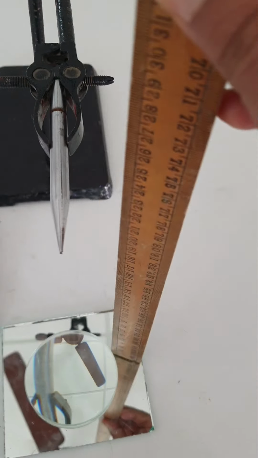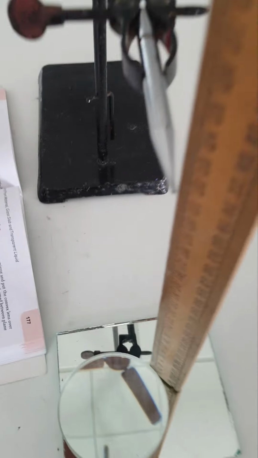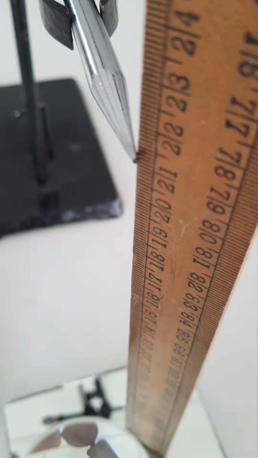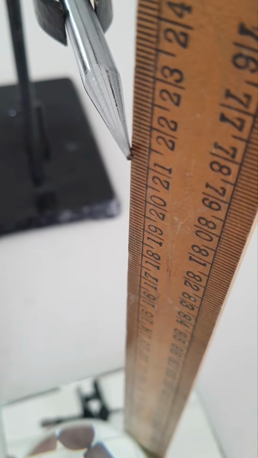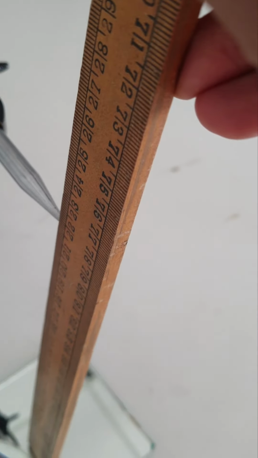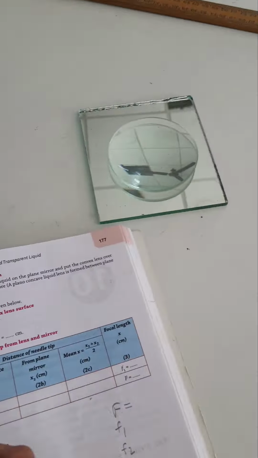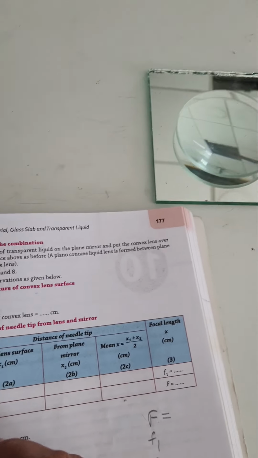From the plane mirror, you can see it clearly, it is 21.5 centimeter, and from the center of the lens it is 20.5, without liquid.